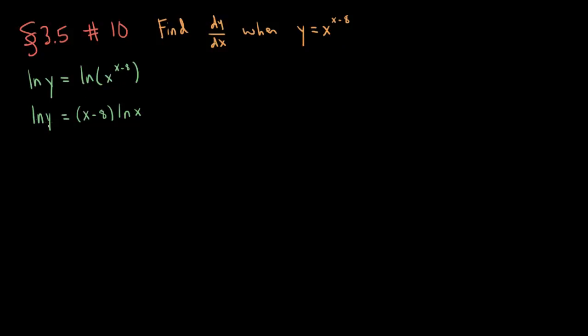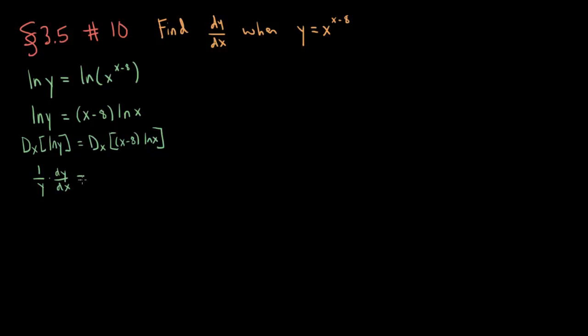So what's the derivative of, well, let's just go ahead and say the derivative of natural log y equals the derivative of x minus 8 times the natural log of x. Now what's the derivative of natural log y? Well, that's just 1 over y. But since we're taking the derivative with respect to x, we have to multiply by dy dx.